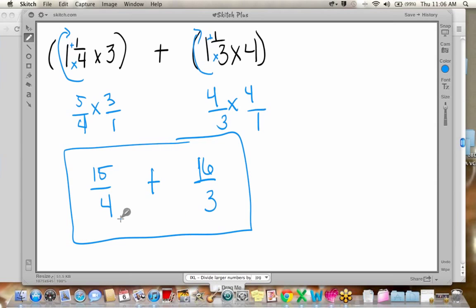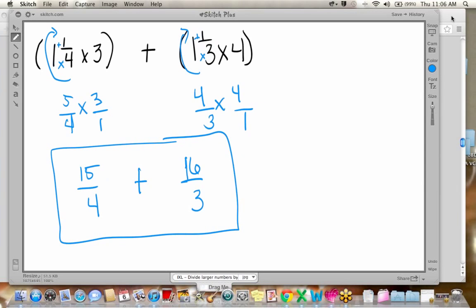I can change both denominators to 7. No, a multiple of both 4 and 3. So what is 4 times 3? 12. So I can use 12. That would probably be the least common multiple that they both share.